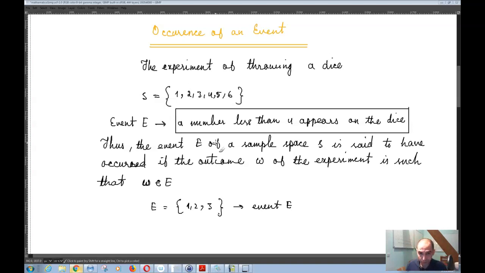So based on that definition, you can say that the event E, which could be thought of as any of these two things, of a sample space S, is said to have occurred if the outcome omega of the experiment is such that omega belongs to the set E. If the outcome omega is such that omega does not belong to the set E, we say that the event E has not occurred.